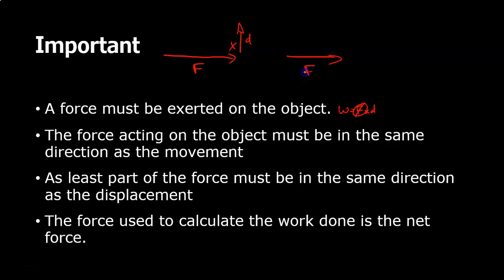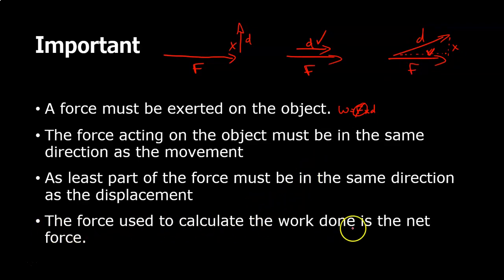However, if I apply a force this way and the object is displaced this way, was work done? Yes, it was. What if I apply a force this way and the displacement is this way? Well, then this part, yes. That part, no. At least some part of the force must be in the same direction as the displacement. And it's where these 2 fall in line that the work is done.